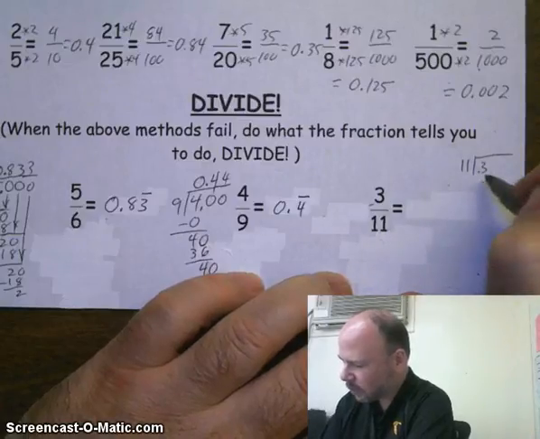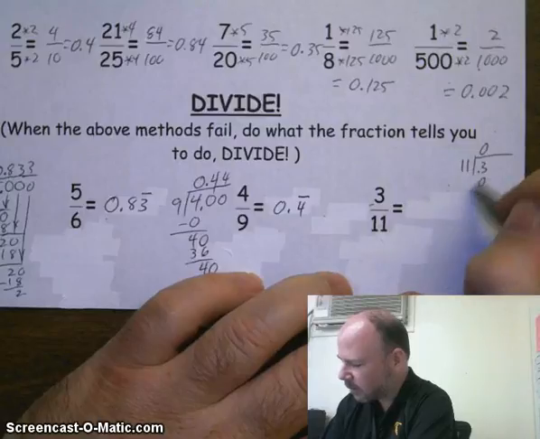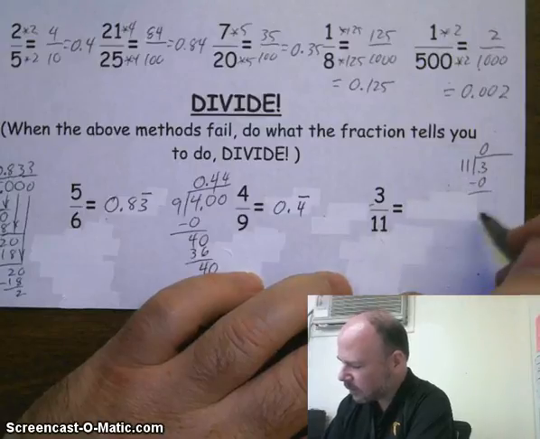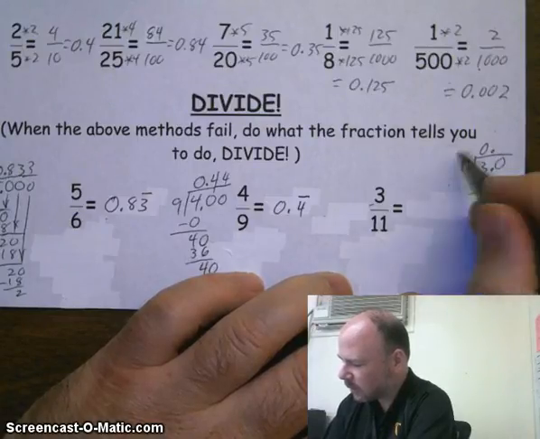You cannot make a group of 11 if you only have 3. So 0 times 11 is 0. Subtract. 3 minus 0 is 3. Add the decimal point. Move the decimal point up to the quotient. Add the 0. Bring the 0 down.